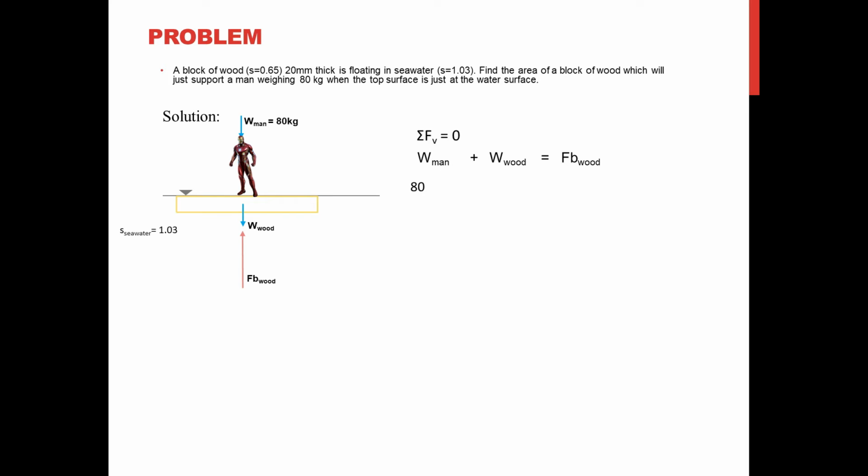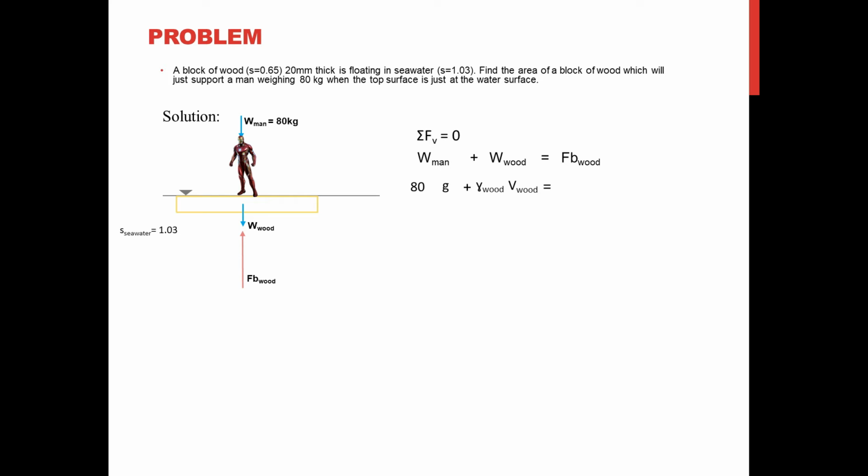You can now substitute. So in here we have the weight of man. Of course, the weight will be in terms of a force unit. So we need to multiply that by acceleration due to gravity to make it in Newton. So we add the weight of wood. So the weight of wood is gamma times volume of wood.